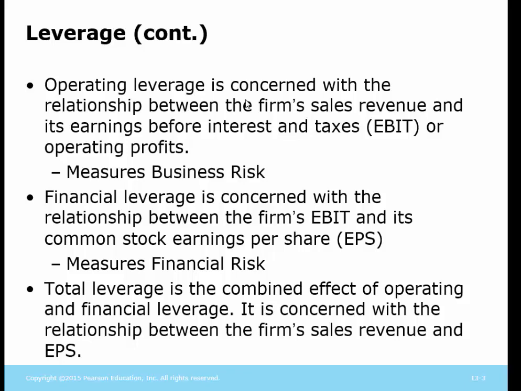So financial risk is what is measured by this thing called financial leverage. And ultimately then total leverage is the combined effect of the operating and the financial leverage. It helps us to explain the relationship between the revenues of the company and the earnings per share of the company.